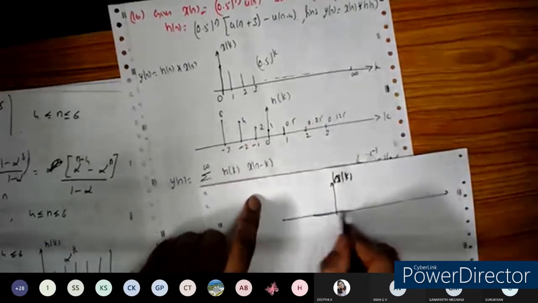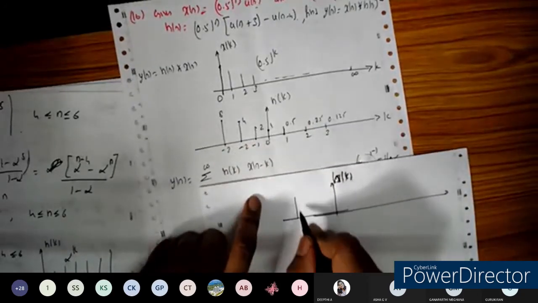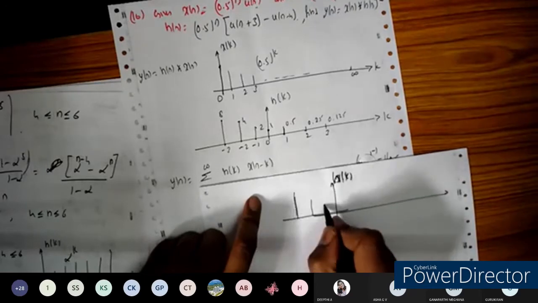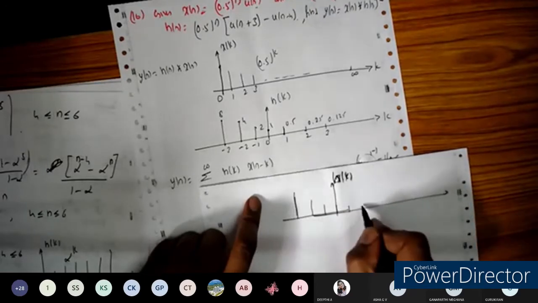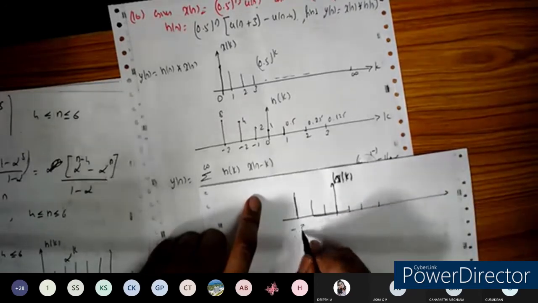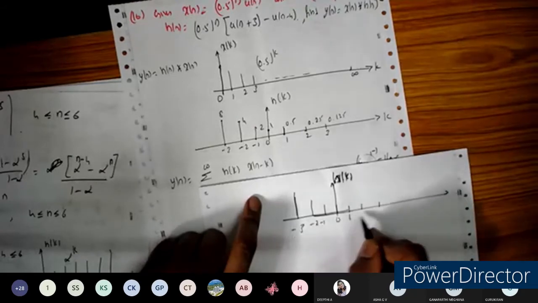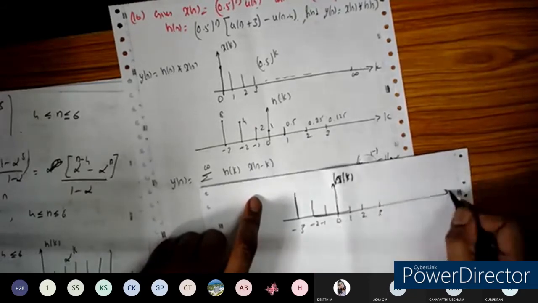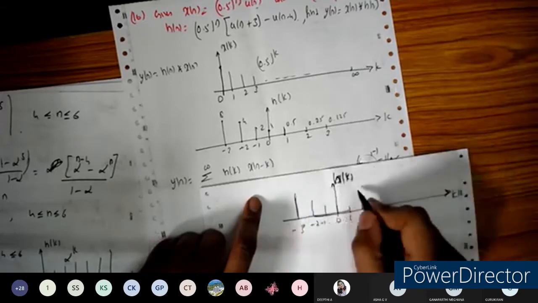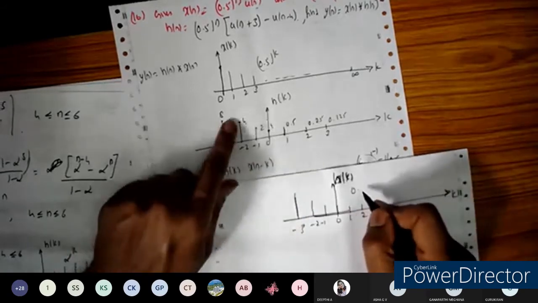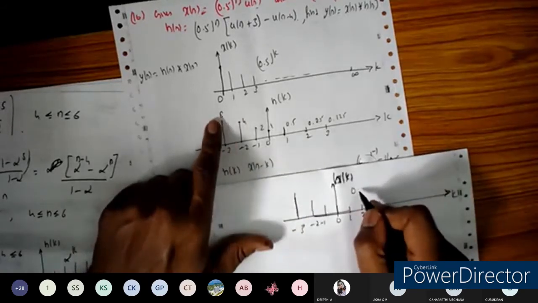So from minus 3, minus 2, minus 1, 0, 1, 2, 3, I'm going to fix this here. H of k has the value 0.5 to the power of k.